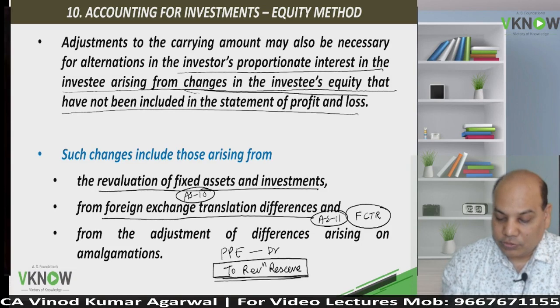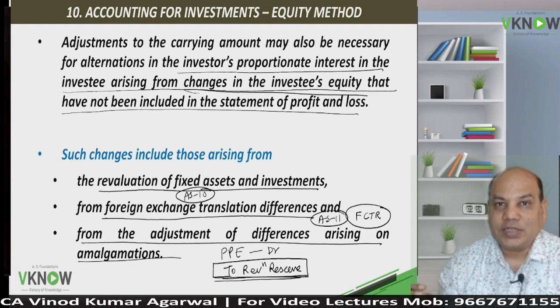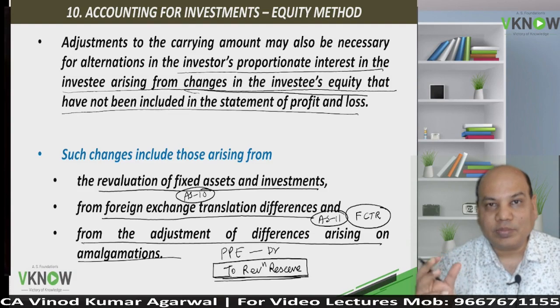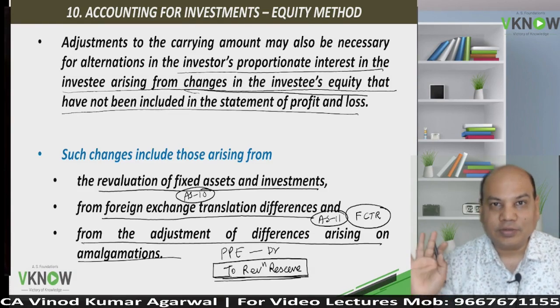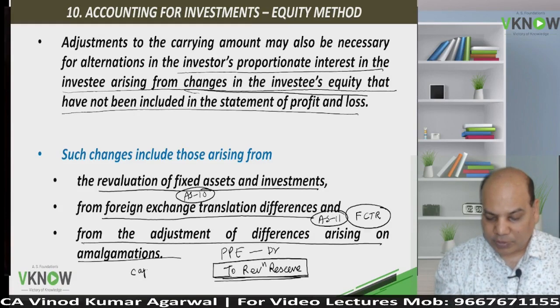And one more example: sometimes when there is an amalgamation, there may be some reserve created directly without routing through profit and loss account, like capital reserve.